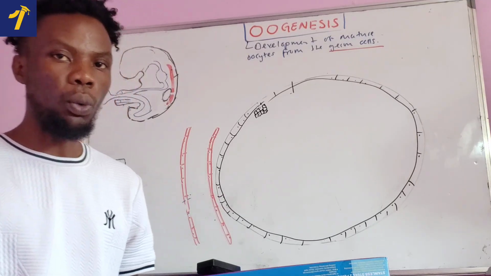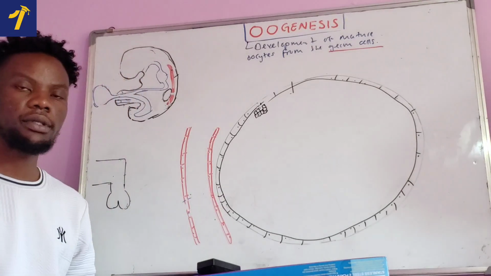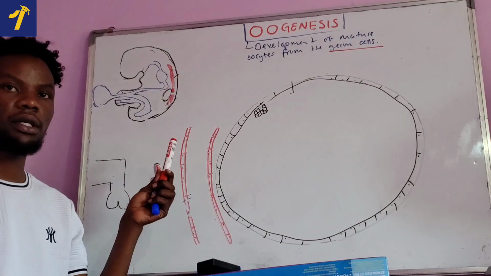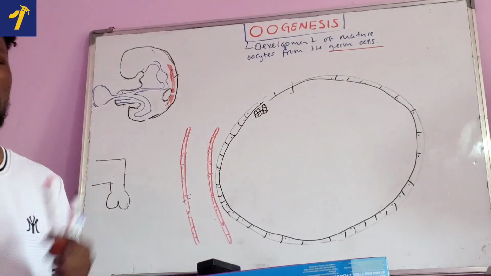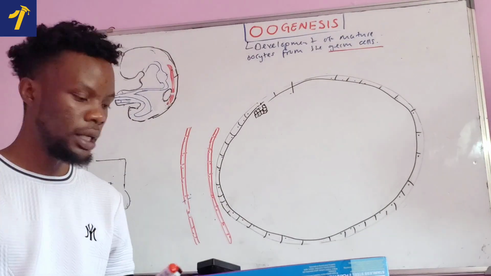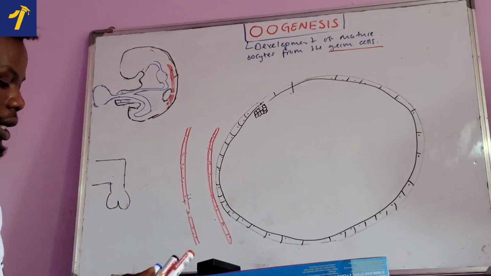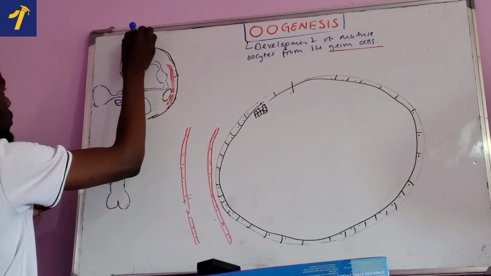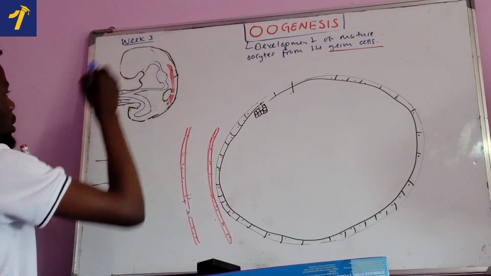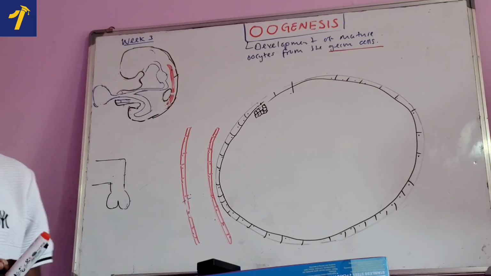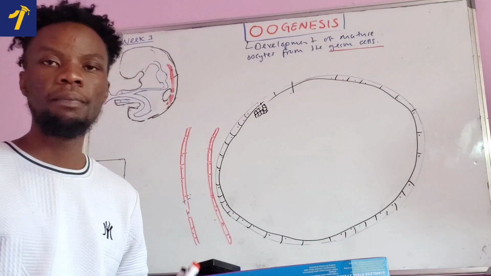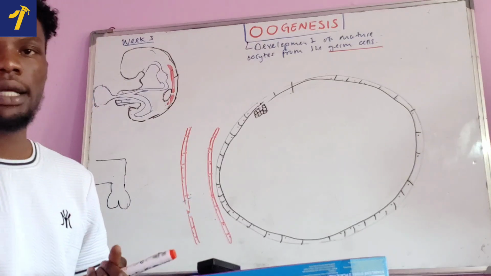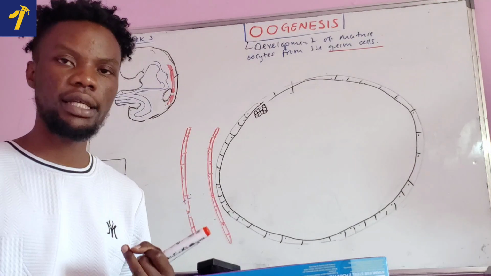Now, let us look at these germ cells, particularly their location and why it is important to talk about them. In fetal life, we'll look at week 3. Just to make sure that you remember, in week 1 you can find implantation as well as fertilization.